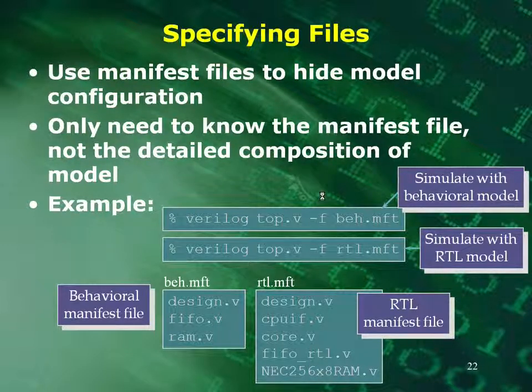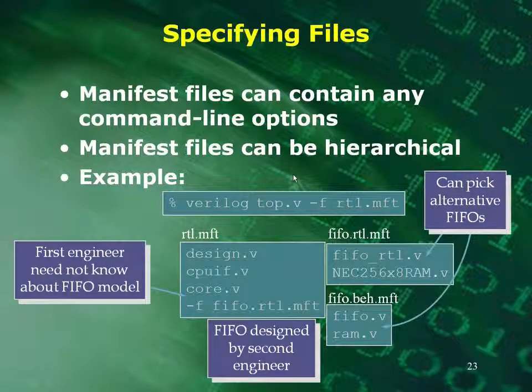Manifest files can contain any command line options, and the manifest files can be hierarchical. Here's another example where I said compile with this top.v and again with this manifest file. And here's an example, files plus more information.